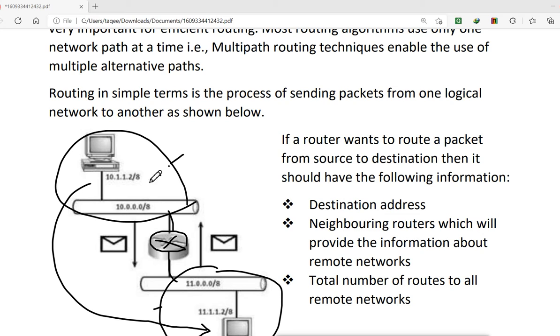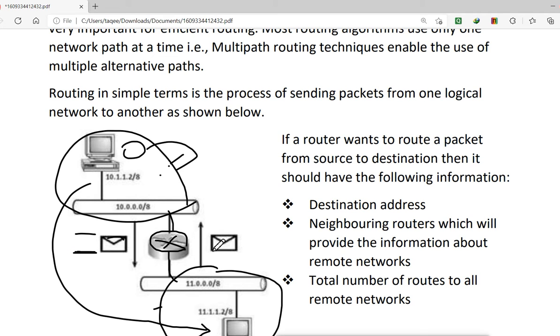Like when someone sends the data, like this machine is sending any data here. So in this data, it has a source IP address and destination IP address. Now when it goes to the router, router's job is to find the best path to reach this destination.